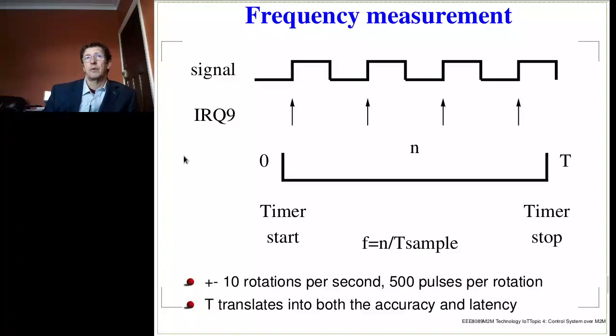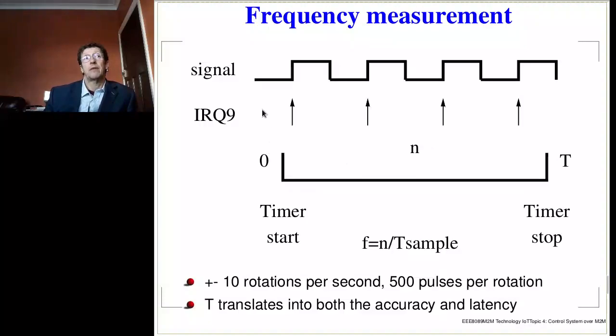So in order to have reasonably good accuracy, you need to have quite a few pulses measured here, because it's always plus or minus 1 pulse. So accuracy is important.